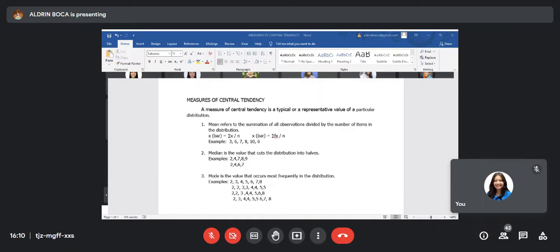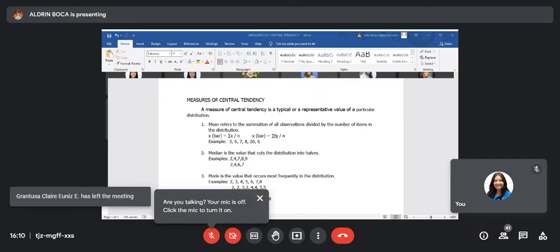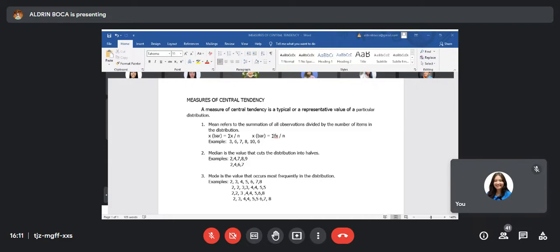So X bar, you write X and then you write a bar on top of X. That's X bar, which is equal to the summation of X, that is the summation of all observations, divided by the number of observations. So in example 1, there are 6 observations. So we divide the sum of 3, 6, 7, 8, 10, and 6 by 6.